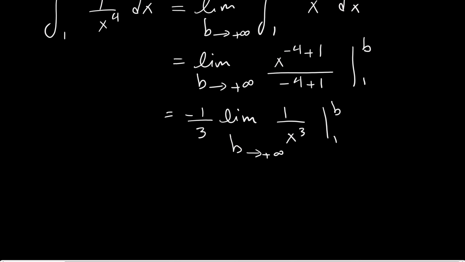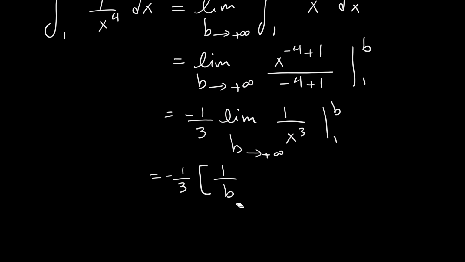It is a definite integral, so let's put b and 1 instead of x. So we have negative 1/3 times the limit of 1 over b to power 3 when b approaches positive infinity, minus 1 over 1 to power 3. And here I don't use the limit for 1 over 1 to power 3, because it's just 1.